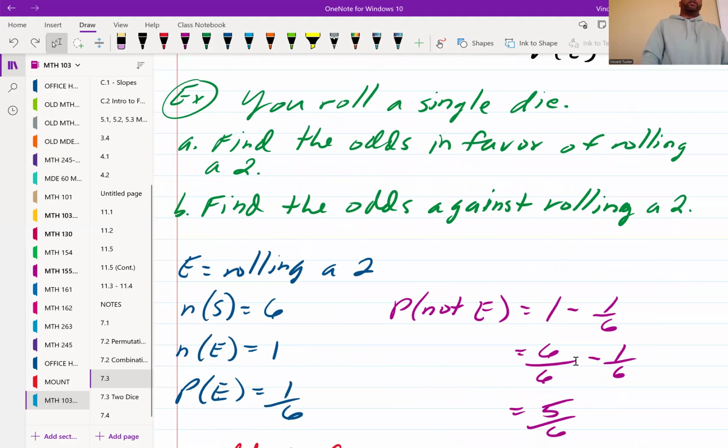All right, so if your event is rolling a two, we have 6 options when it comes to rolling a single, normal, fair die. So this number is 1 through 6. My event of rolling a two, there's only 1, 2. So the number of outcomes in my event is just 1. And so the probability of rolling a two is 1 over 6.